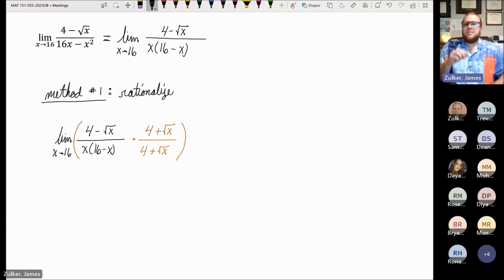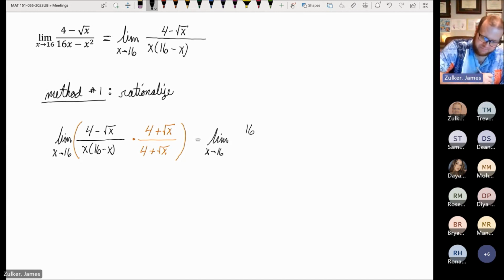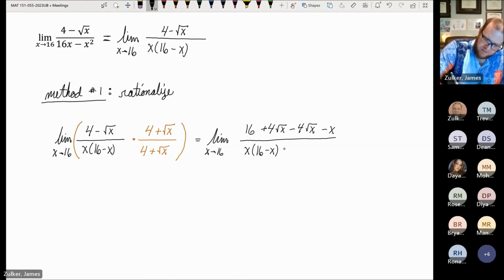The goal is to get rid of that square root. So we multiply by the conjugate, right? If we FOIL out, 16 plus 4 root x minus 4 root x minus x. But that's just 0, right?